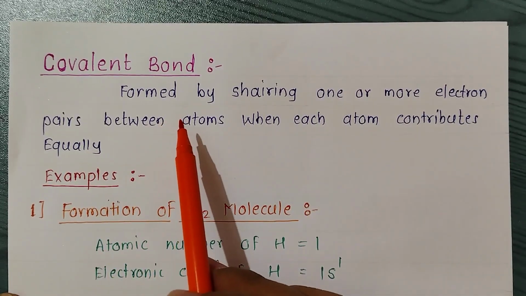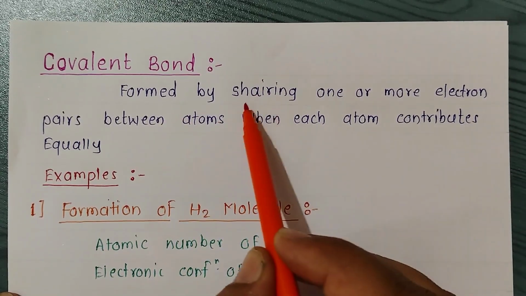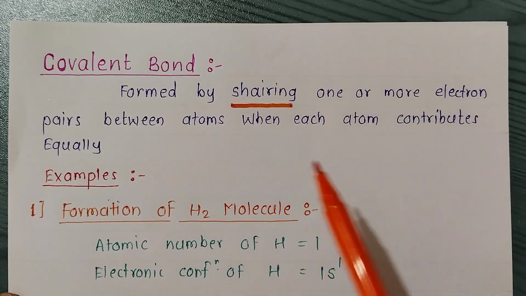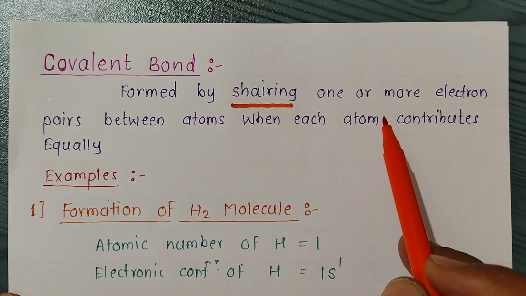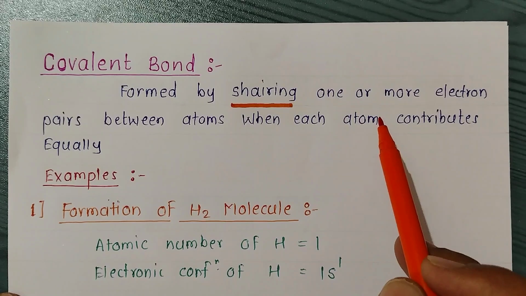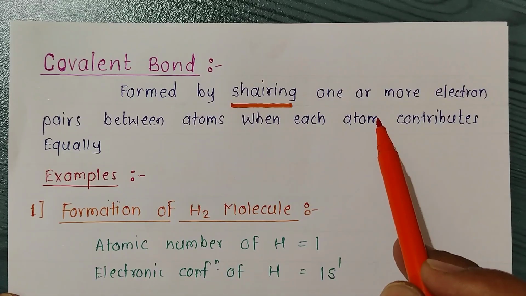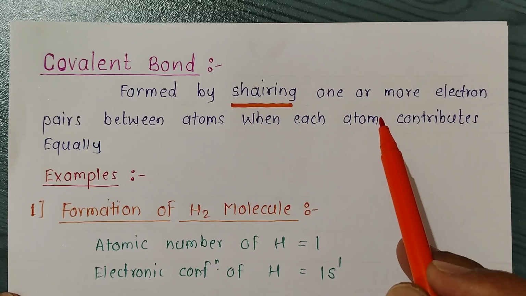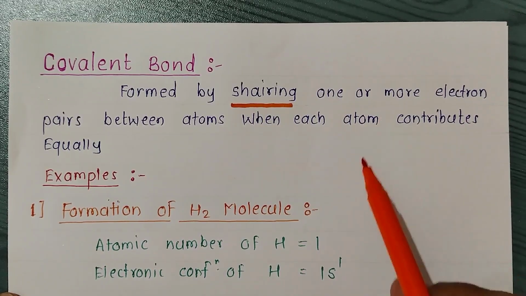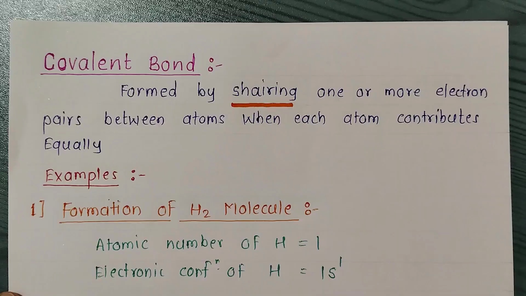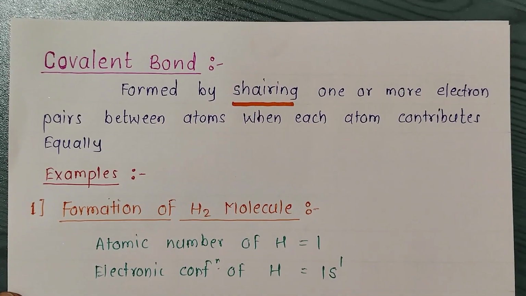So in this covalent bond, there is a sharing of one or more electrons between two atoms. Means when two atoms combine, they share electrons with each other to form a covalent bond, to attain stability or to attain a noble gas configuration.